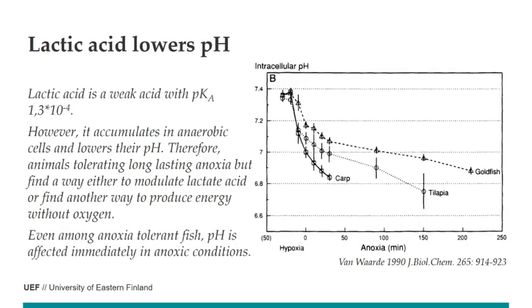This is a little bit old stuff, but as you can see, even among anoxia-tolerant fish, like carp, tilapia, or even goldfish, which is actually quite much the same as our crucian carp, the pH drops drastically during the first 10 minutes or 1 hour when there is no oxygen available. So the pH is decreased because now there is more lactate.